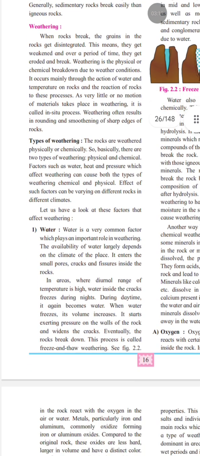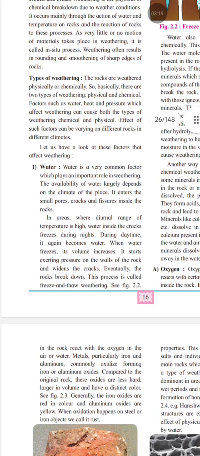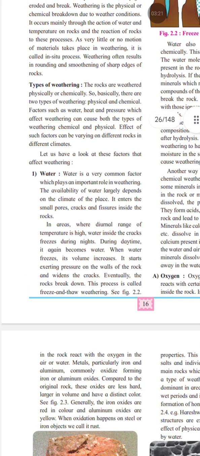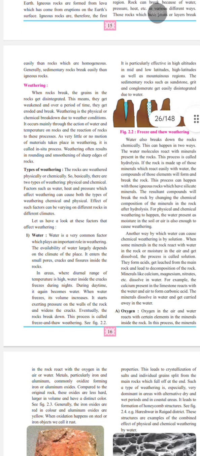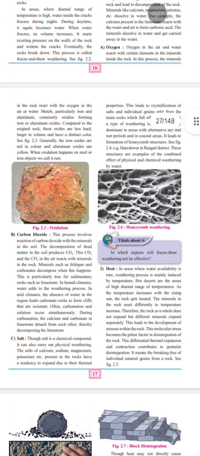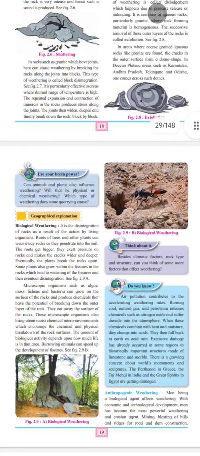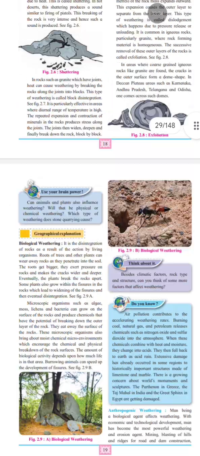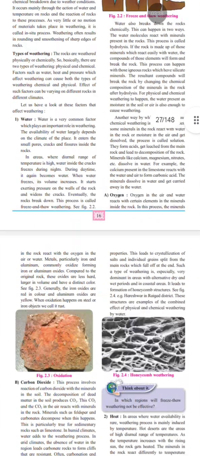Now, types of weathering. First is physical weathering. You can see the affecting factors given here: water, oxygen, carbon dioxide, salt, heat, pressure. We are going to learn all of these.